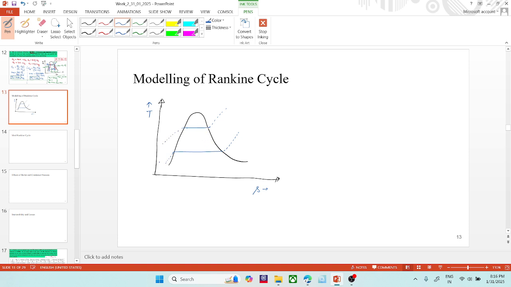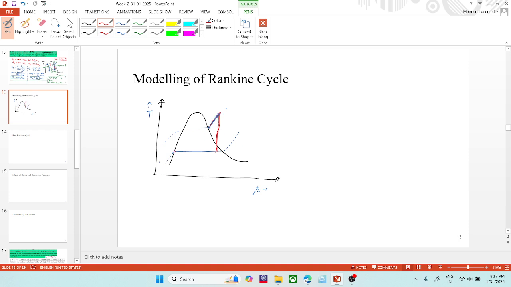Okay, so in the Carnot cycle, what we have seen, it ends here only because it is the constant temperature process. But in the Rankine cycle, we can move to the higher temperatures along this constant pressure line. So like this point could be my turbine entry point in the Rankine cycle, so that the work ratio would be increased, and we can expand it like this, point 1 to point 2.